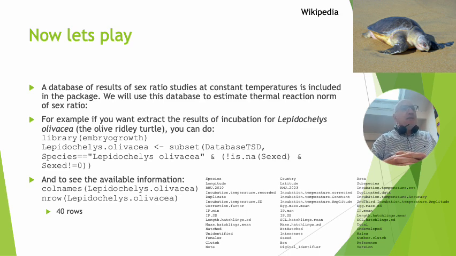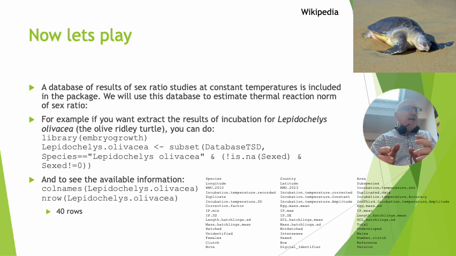And we will keep only the lines with some individuals being sexed. We will work on sex ratio, so if there are no sexed embryos, we remove them. So sex must be different from NA, not available, and different from 0.